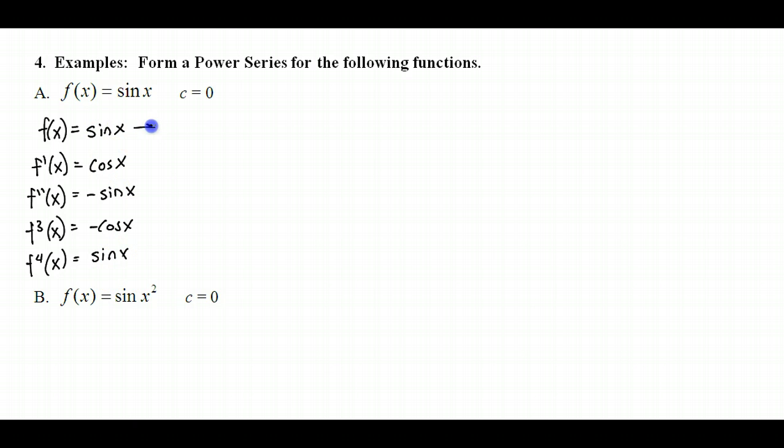We need our coefficient. If you plug in a 0, sine 0 is 0. Cosine 0 is 1. Sine 0 is 0. Cosine 0 is 1. It's negative, so that's a negative 1. Sine 0 is 0. And now I hope that you understand we just keep going back through this pattern.